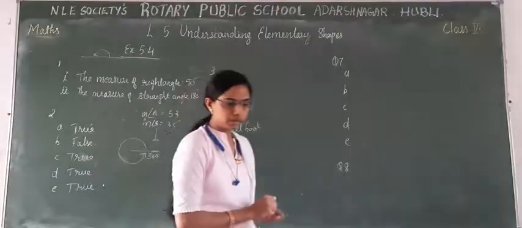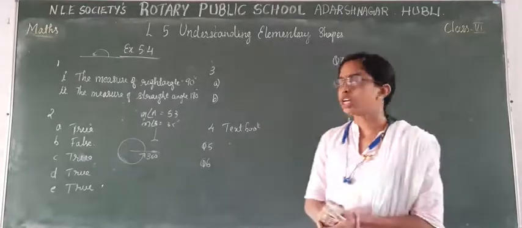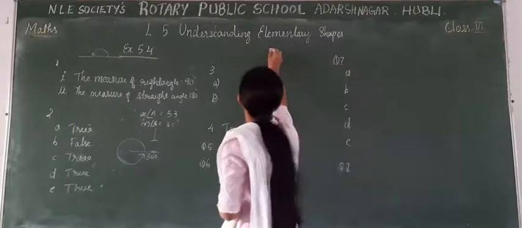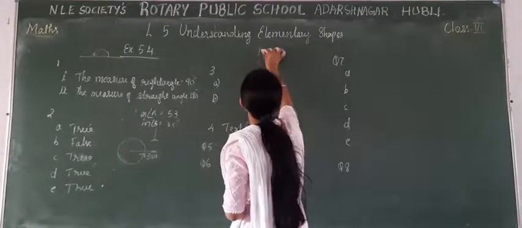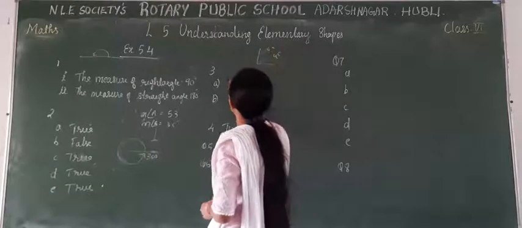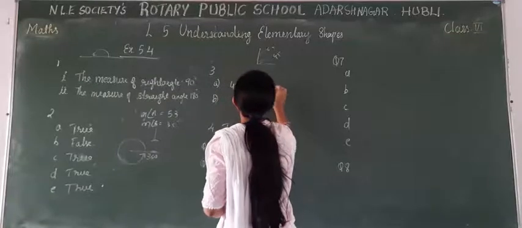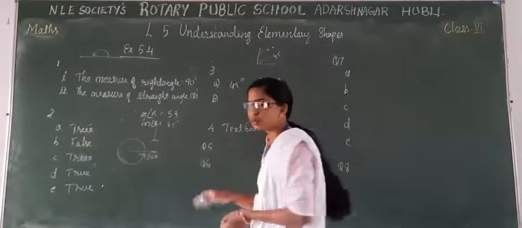Question number 3. Write down the measure of some acute angle. So acute angle lies between 0 to 90 degree. Here any angle like 45, 65, any angle you can write of your wish. 45 degree and 65 degree, 28 degree, like that. Any two measures to write.